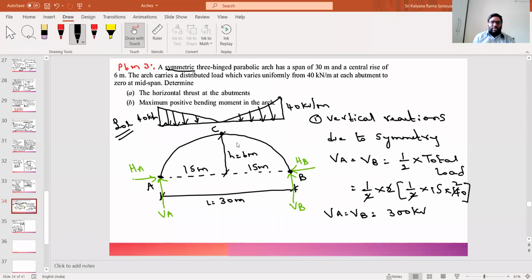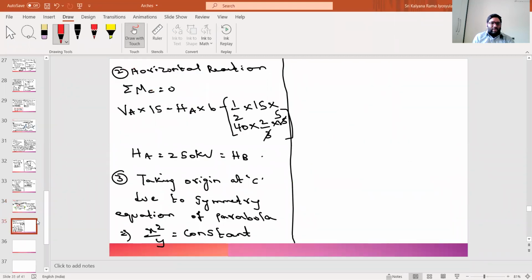So now you can see this is point D. I'm just sketching it with another color. Any section, I just took a section. So this is x and this is y for any given portion. Okay, x square by y is equal to constant A. But at center, x is equal to 15 and y is equal to 6.